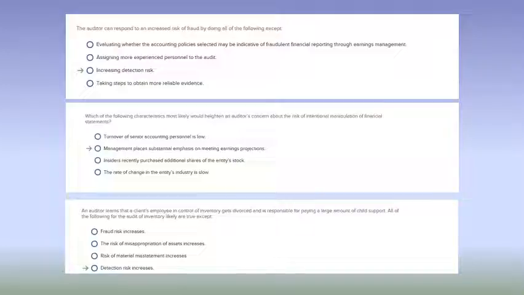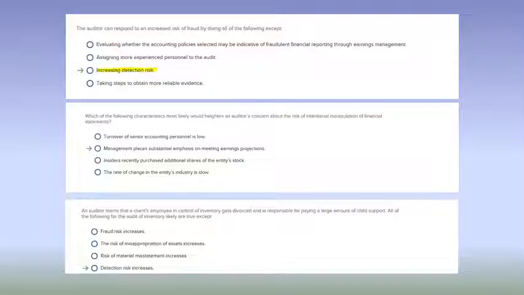Okay, so let's take a look at some more questions from your homework and from your quiz. The auditor can respond to an increased risk of fraud by doing all of the following, except we're not going to increase detection risk.